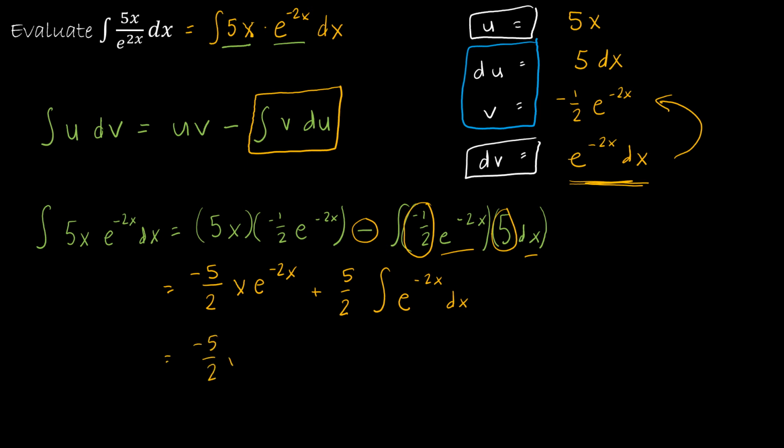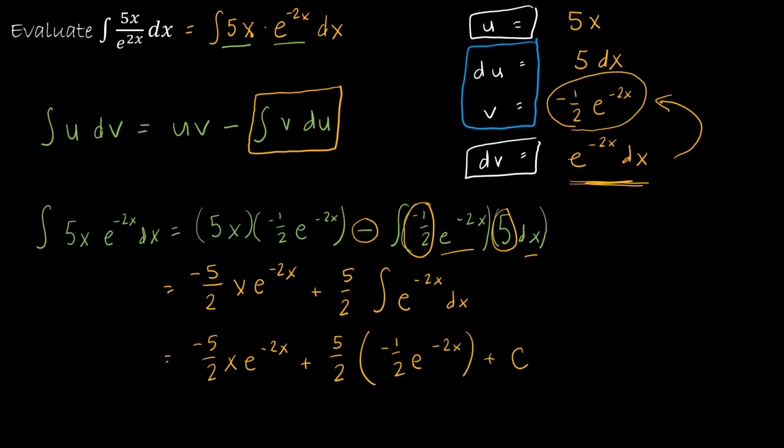Negative 5/2 x e to the negative 2x plus 5/2, which is on the outside, and then this again, negative 1/2 e to the negative 2x plus c, and then the only thing I have to do is simplify a little bit. So I'm going to take 5/2 times negative 1/2, which gives me negative 5/4, and really everything else is going to remain just as it was.